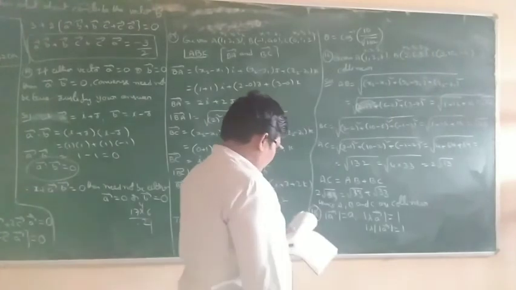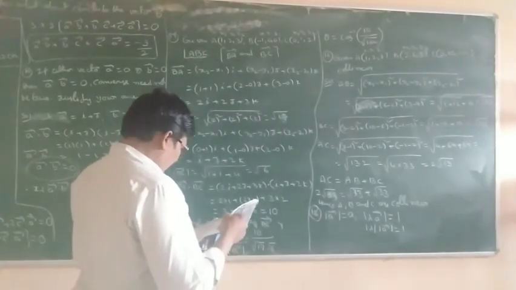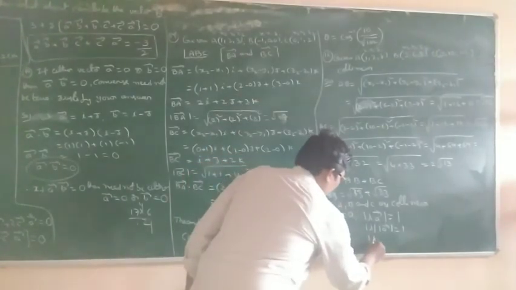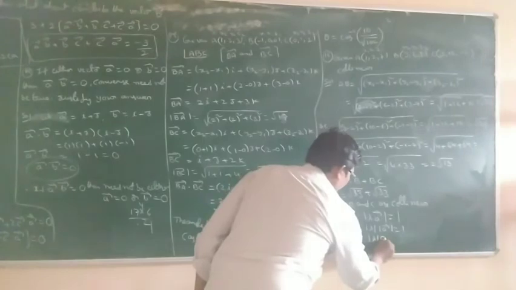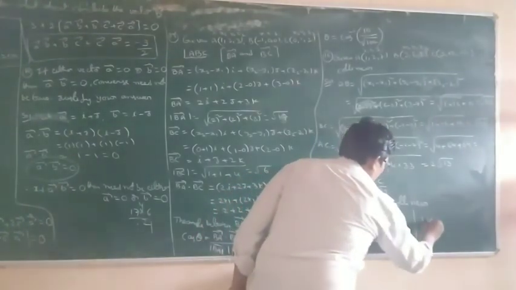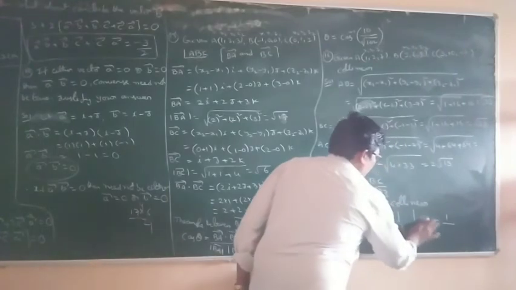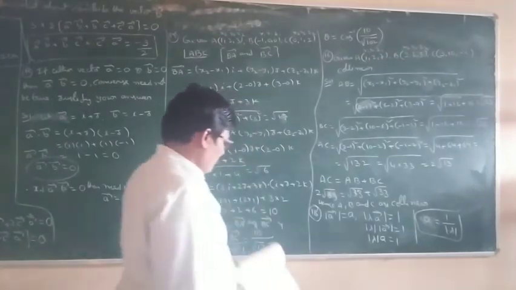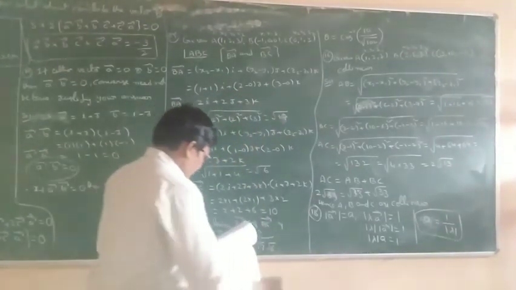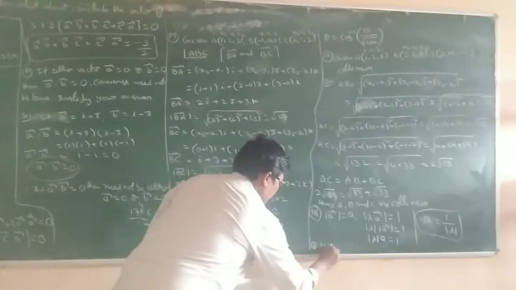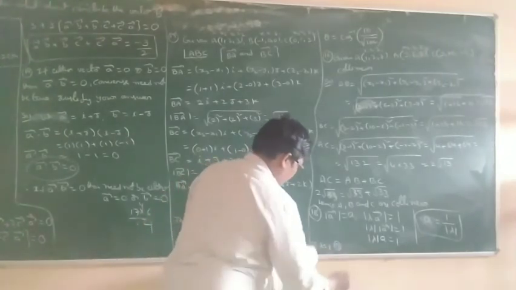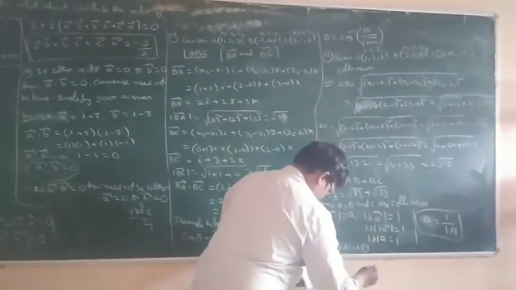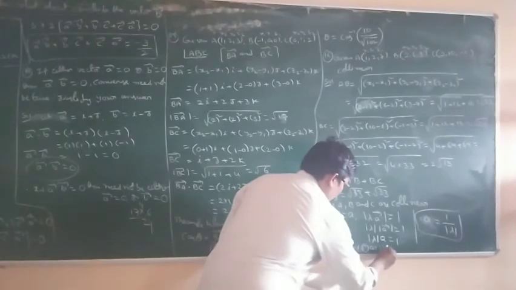Now the options. First option, lambda is equal to 1. Second option, lambda is equal to minus 1. Third option, a is equal to mod lambda.